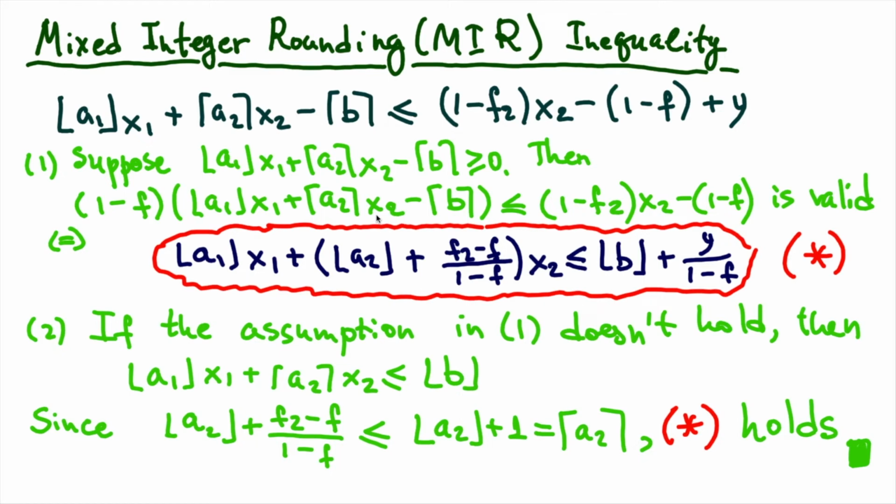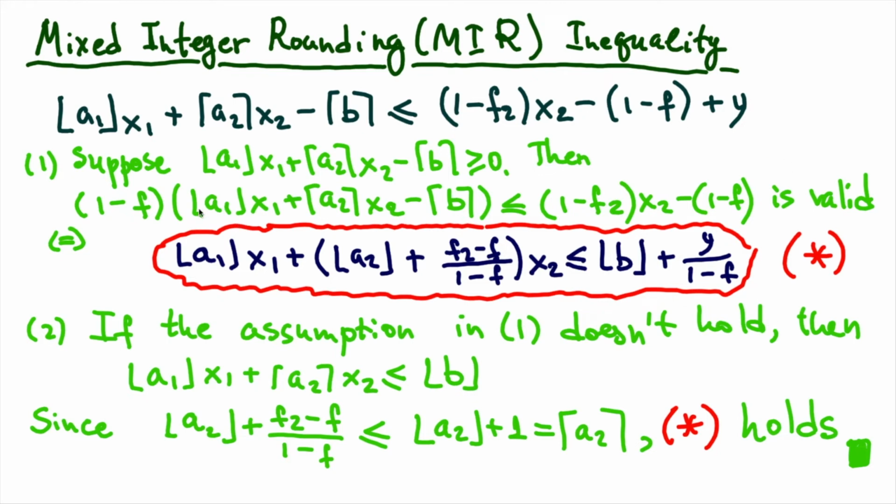Here what we used is the observation that the ceiling of A2 is given by the floor of A2 plus 1, and the same thing holds for the ceiling of B, so it's also replaced with this floor of B plus 1, and then simple algebra leads us to this inequality here.